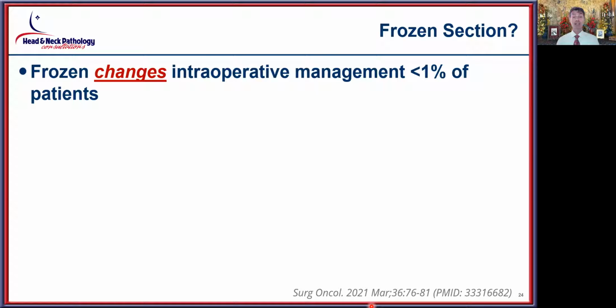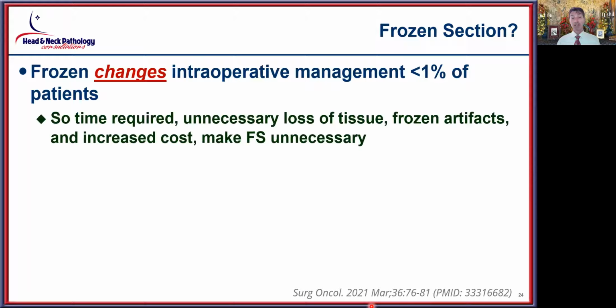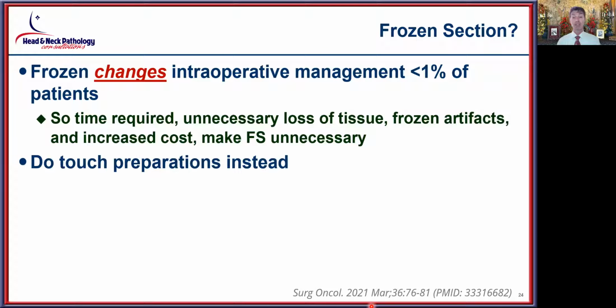So in fact, if you look at studies across the literature, frozen changes the diagnosis or the management in only about 0.5% of cases. So the time required, the unnecessary loss of tissue, frozen artifacts, and increased costs really do make frozen sections unnecessary. And so it's probably a little bit easier to do touch preparations.